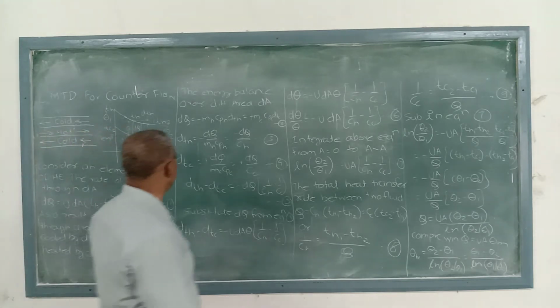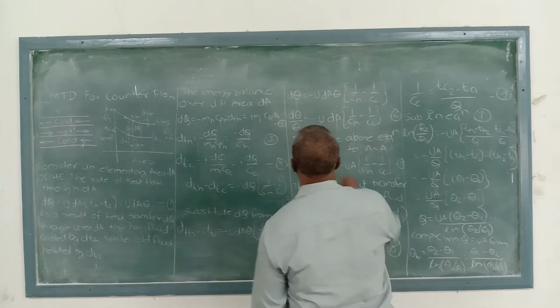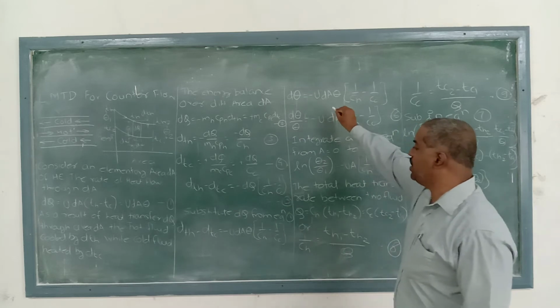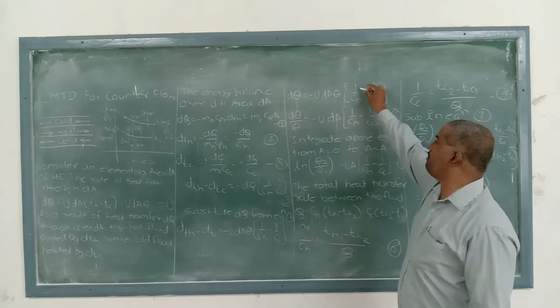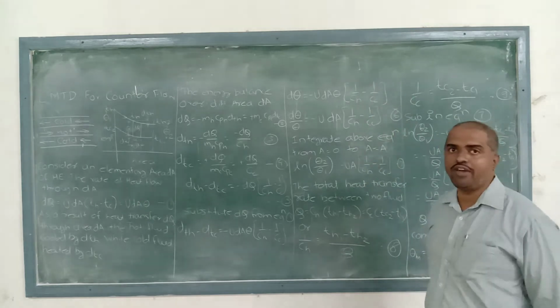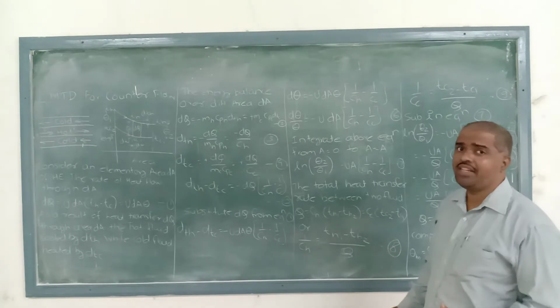So d theta is equal to minus U dA into theta into square bracket 1 upon Ch minus 1 upon Cc. Now we are going to rearrange the terms.